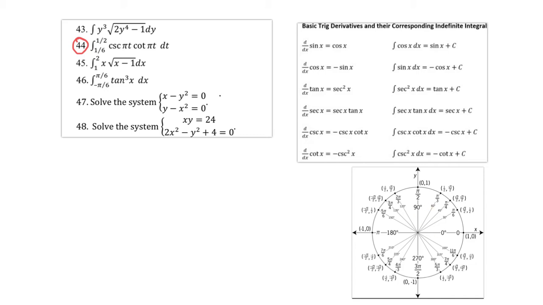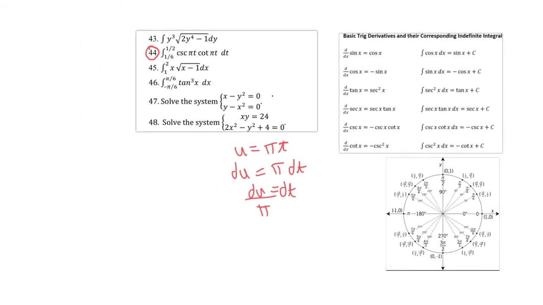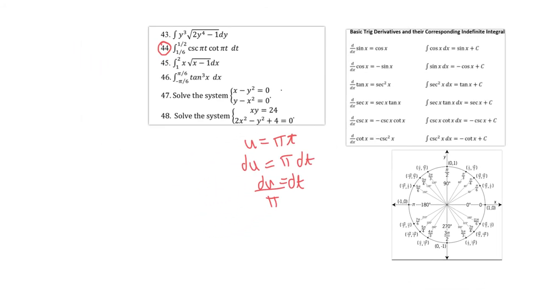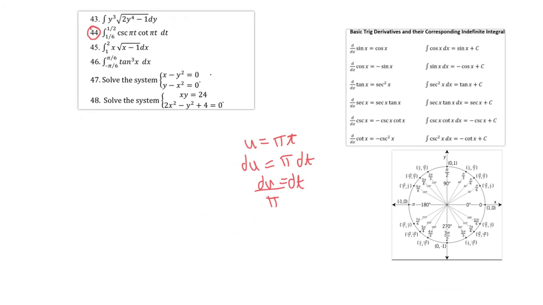Okay, so the u substitution would be u equals pi t. The derivative of that would just be pi dt. Therefore, dt equals du over pi, which really shouldn't be a problem. Let's see, I'll move this over.